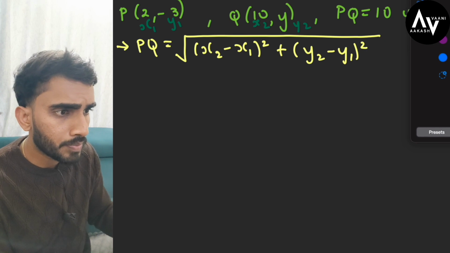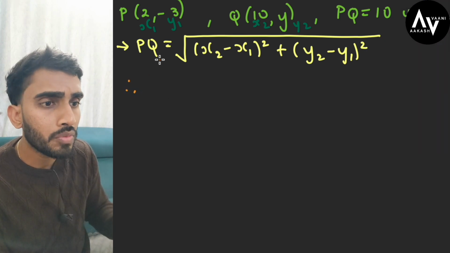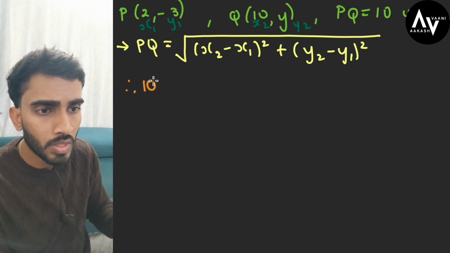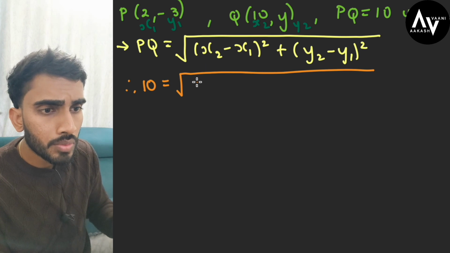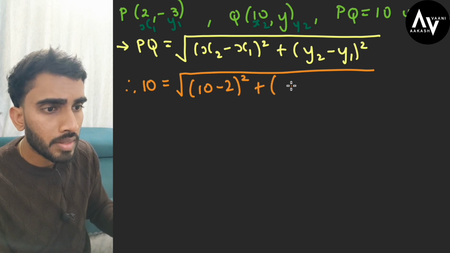As a result, putting all the values, PQ is given as 10 units. So let me put it here, 10 equals under root (10 minus 2) the whole square plus (y minus of minus 3) the whole square.